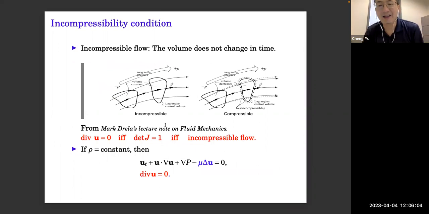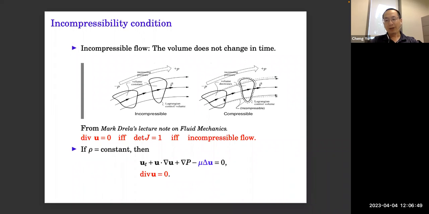Since I want to talk about the compressible case, let me spend one slide to discuss the incompressibility condition. We can use this picture to show the difference between the compressible and incompressible cases. The left picture is the incompressible fluid. When the pressure changes, the fluid may change shape, but the volume stays constant.